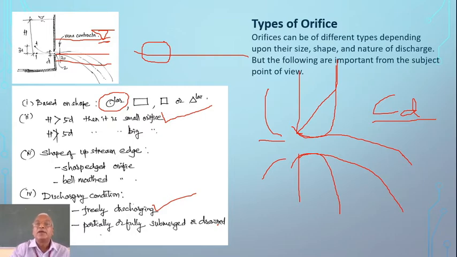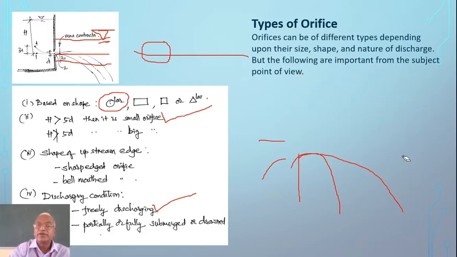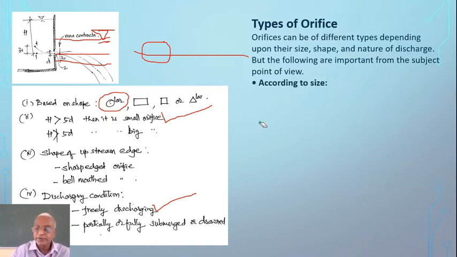Okay. Now types of orifices I have listed. Anyway, here also there is a list, but orifices can be of different types depending upon their size, shape and the nature of the discharge, but the following are important from the subject point of view. Here in the notes, how it is given, I'll just show you. According to the size, it can be a small or large orifice.